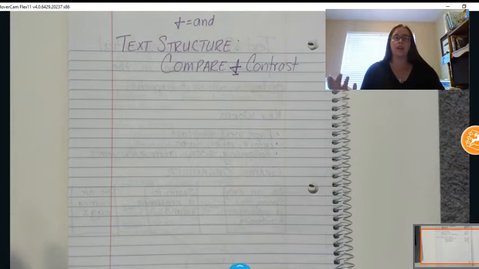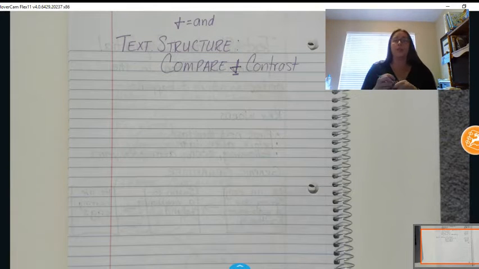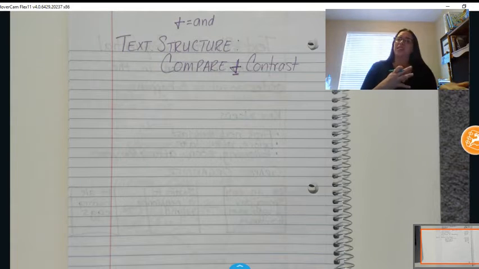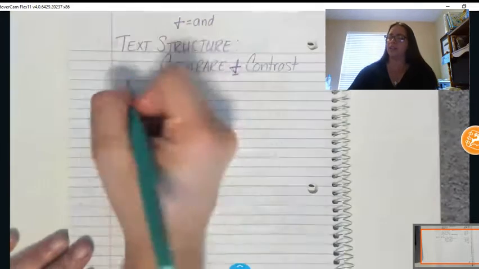Okay, so when we're talking about comparing and contrasting, as you might have guessed, we are comparing 2 things and we're seeing how they're the same and how they are different.